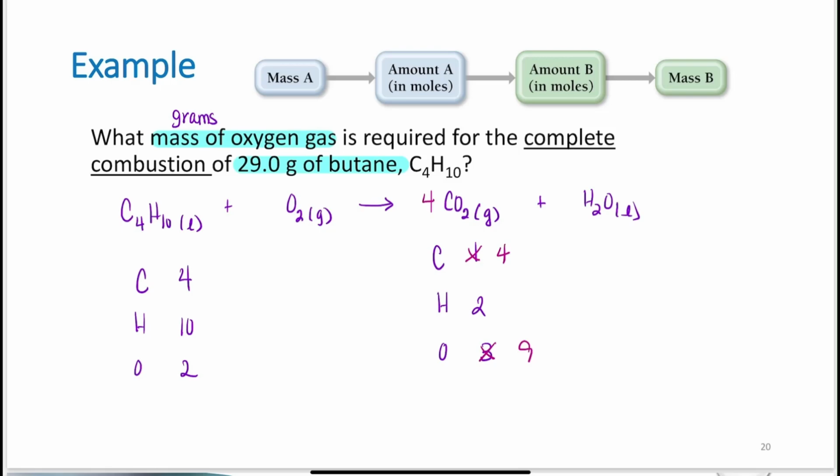10 hydrogens to 2 hydrogens. I'm going to multiply this by 5, giving me 10. Now that gives me 8 plus 5, which gives me 13 oxygens on that side.